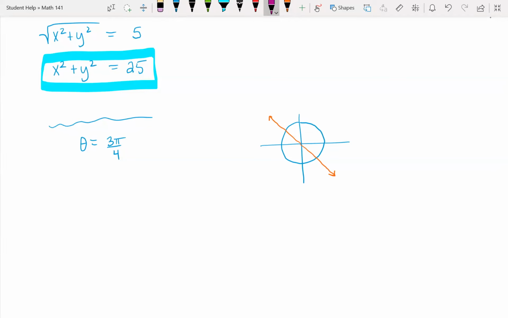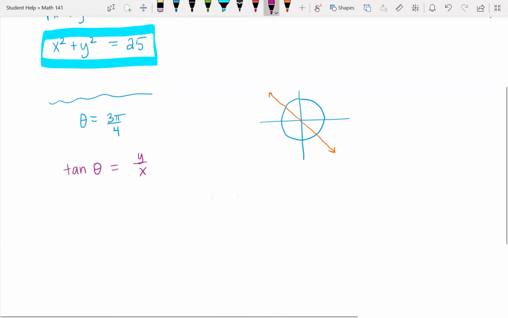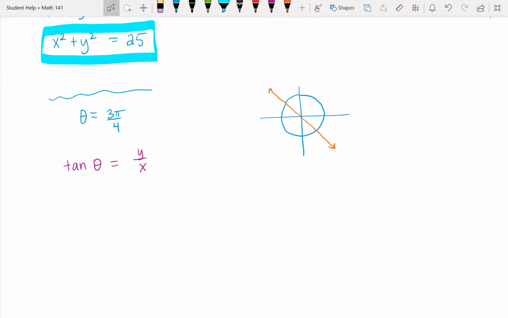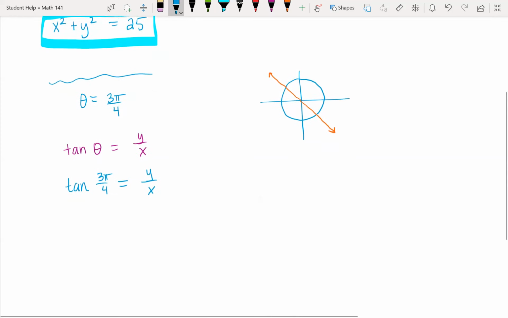We know that tangent of an angle is y over x. And we're given the angle here. We're given that the angle is 3 pi over 4. So let's write tangent of 3 pi over 4 equals y over x. We can plug tangent 3 pi over 4 into the calculator, or we know that value from the unit circle.